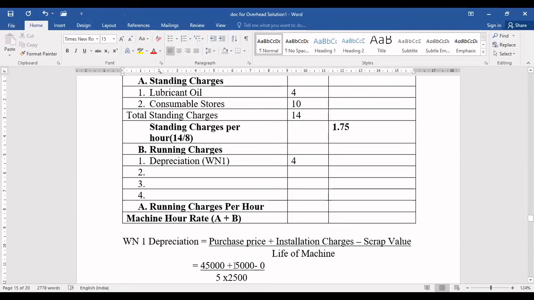Like 45,000 plus 5,000 comes to 50,000, correct? Yes, sir. And this 2,500, how did you get this 2,500? It is given in the question.